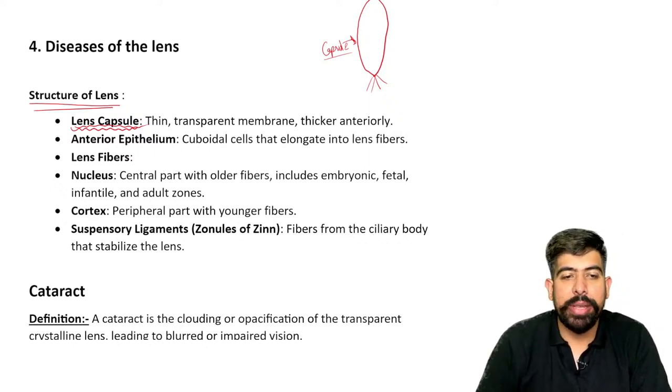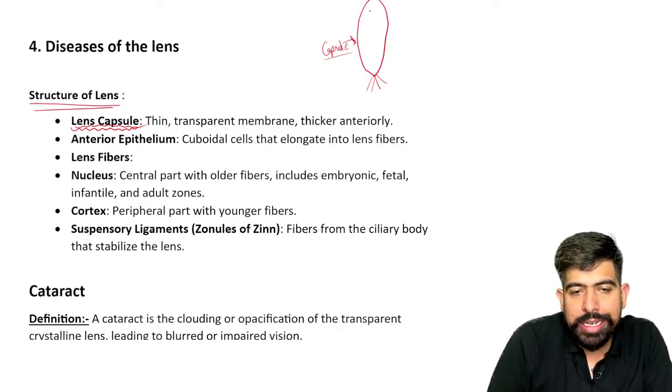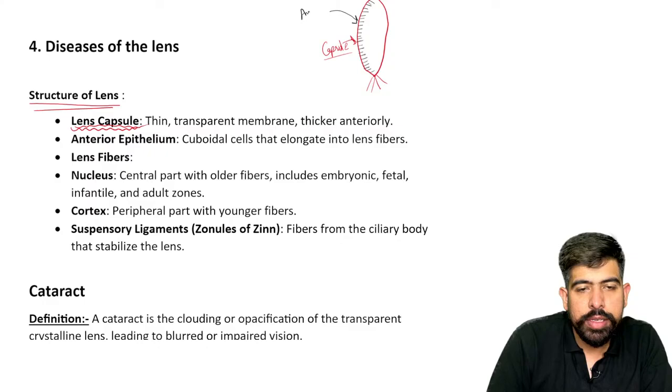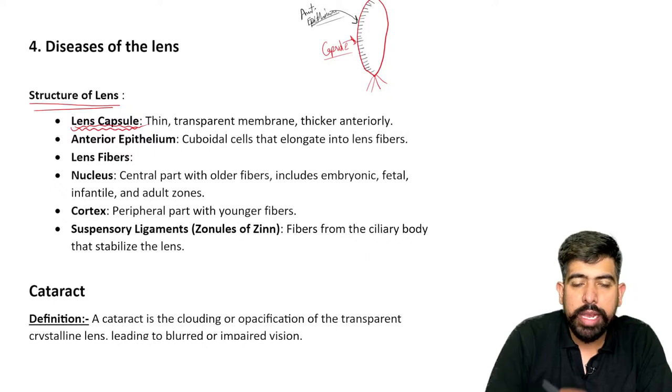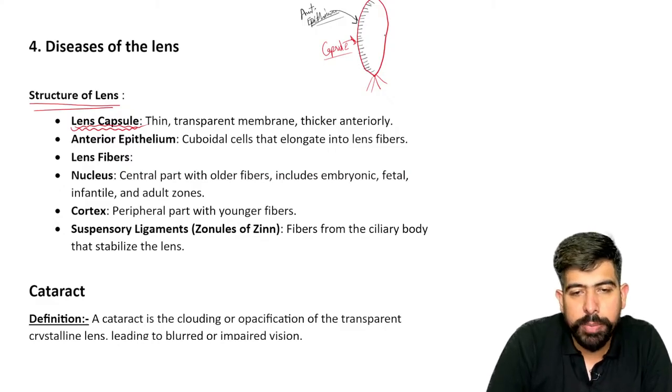Now the second thing we have to talk about is the anterior epithelium. Guys, epithelium, you know, the outermost layer. So on the anterior part, we have the anterior epithelium. Now you are asking, sir, if the epithelium is on the anterior side, what about posteriorly?